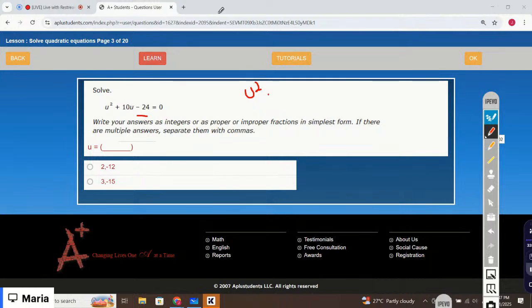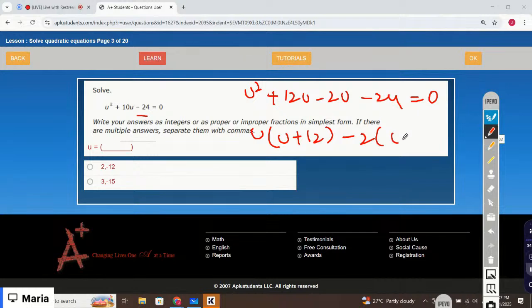6 times 4 is 24, right? 12 times 2 we can go for. Plus 12u minus 2u minus 24. So u common: u plus 12, minus 2 common: u plus 12. So that is u minus 2 and u plus 12.